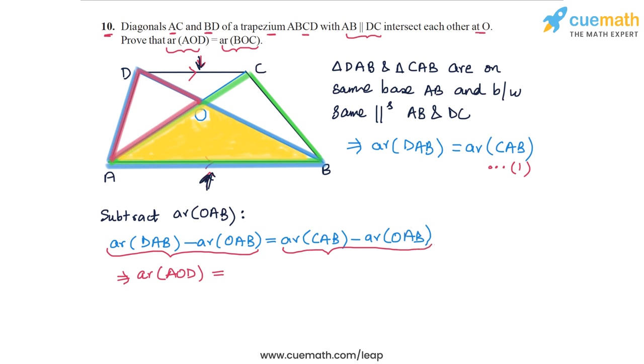Now observe this figure again. CAB minus OAB will give you BOC. So on the right side you will get the area of BOC, and this means that the areas of AOD and BOC are equal. This is what we had to prove. Areas of AOD and BOC are equal. So this completes question number 10.